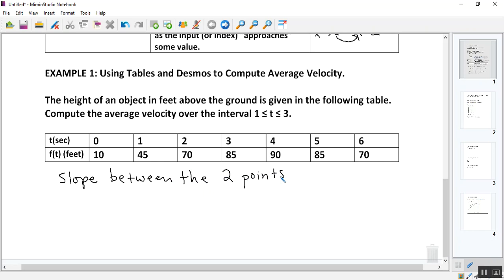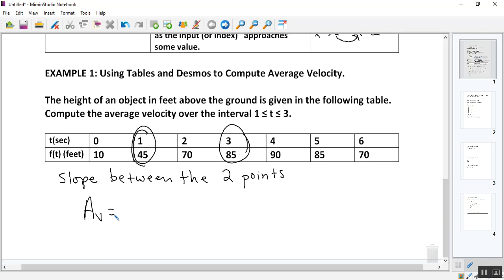If they ever ask for average velocity, it's just the slope between the 2 points that they're talking about. So what t-values are they talking about here, kids? Time 1 to time what? Okay, so at time 1, what was the height? And what was the height at time 3? Okay, so here's how you would find this average velocity. Average velocity would equal, it's basically your slope, all right?